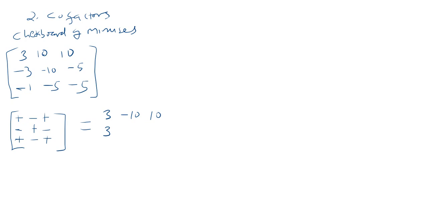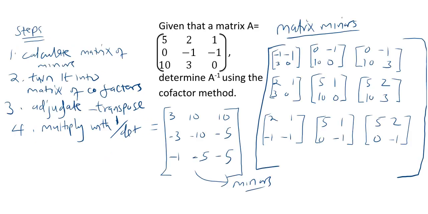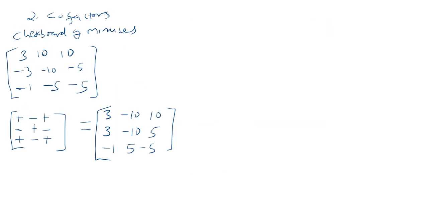Then next we get negative 10 remains. Next will be 5. Next we get negative 1, 5, negative 1, negative 5. So step 2 is over, which is the matrix of cofactors. So this is the matrix of cofactors.